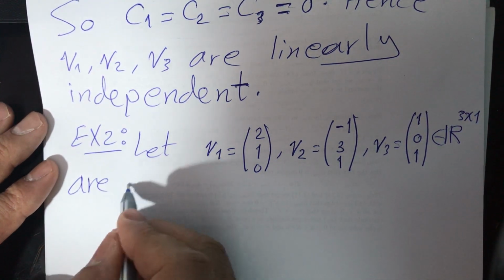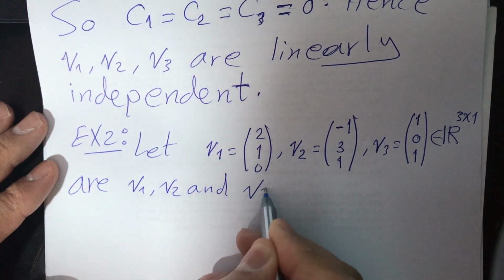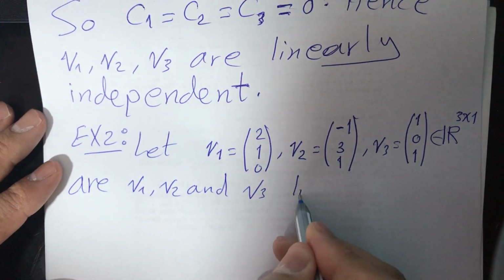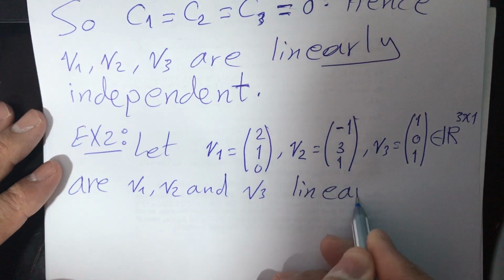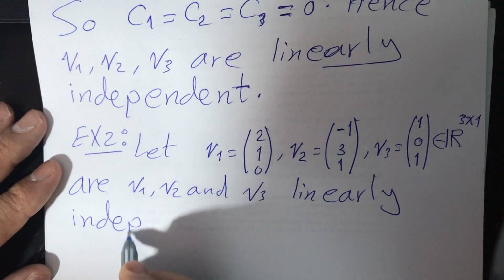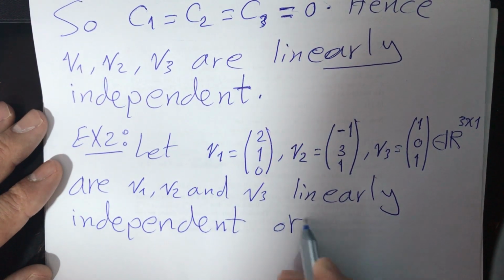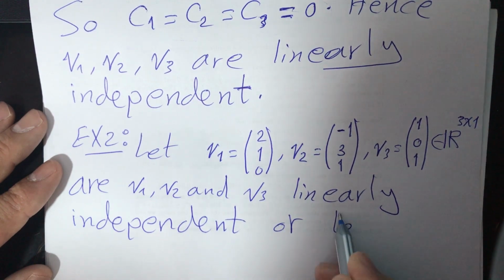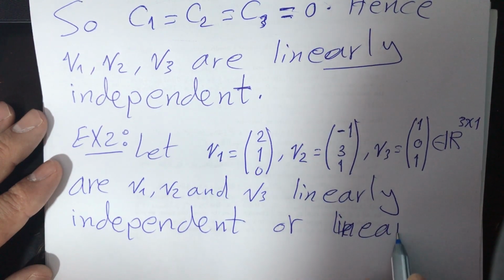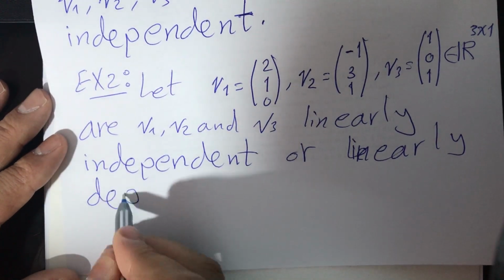Are V1, V2 and V3 linearly independent or linearly dependent?